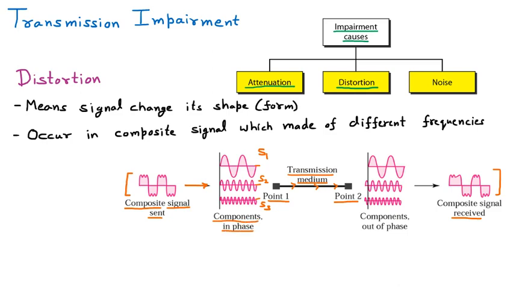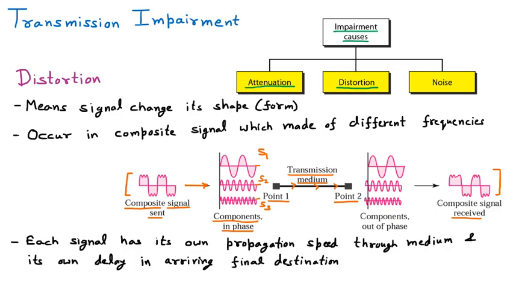So these three signals are combined and sent. Distortion happens in the composite signal, meaning when the signals are combined together their shape changes. And why does the shape change? Because each signal has its own propagation speed through the medium and its own delay in arriving at the final destination.